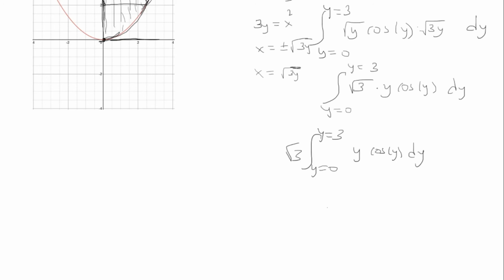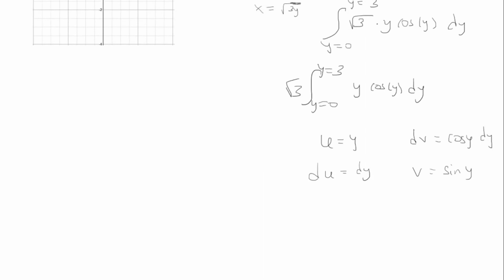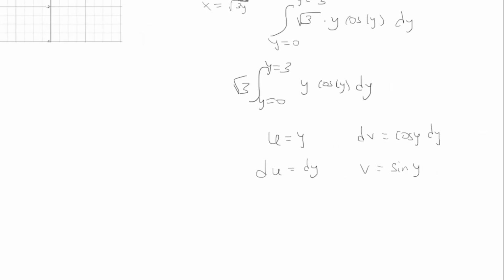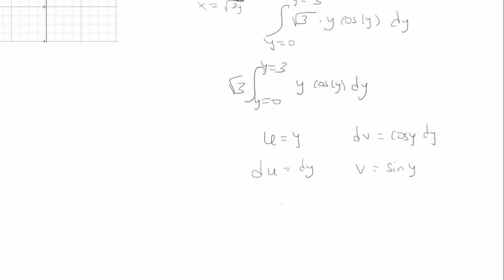And for this one, we need to use integration by parts. We'll say u equals y. du will then be dy. dv is cosine y dy. And so v would just be sine y. So we still have the square root of 3 outside.